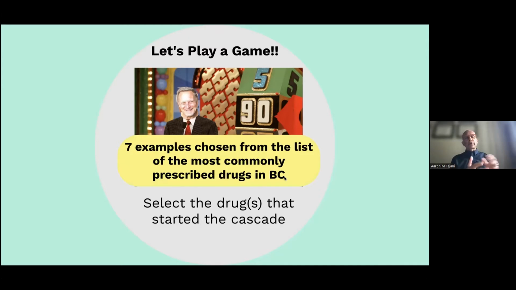And from that list and a scoping search of the literature, I basically went into the databases and looked for anything that talked about prescribing cascades, theoretically or potential prescribing cascades, and then went on to see if anyone had tested or evaluated to see if these cascades are actually happening in clinical practice in large geographic regions or in specific health regions. So that's how we came up with the 7. There's probably many more, but these appeared to be what we thought were the most common possible ones.